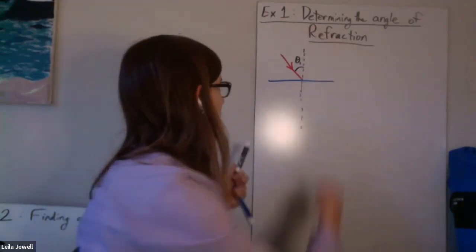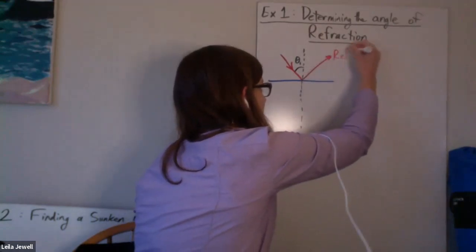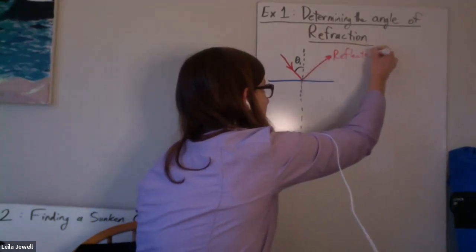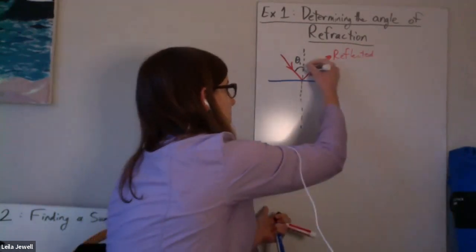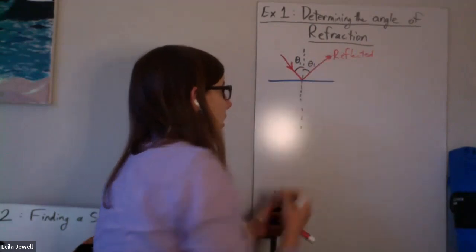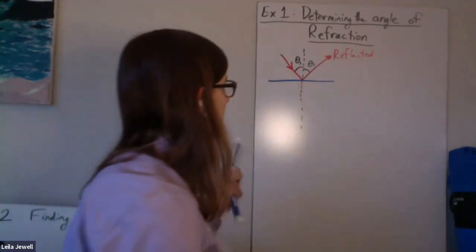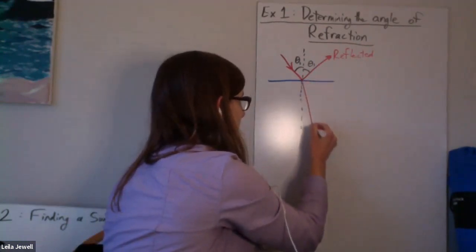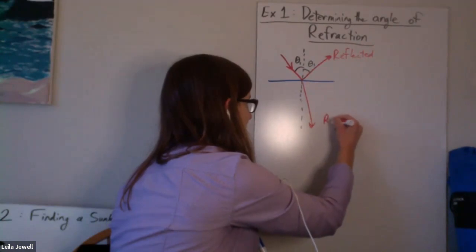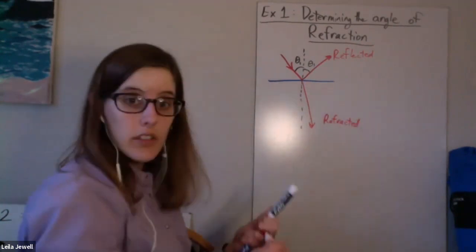I can also draw the reflected ray. So if you were asked about the angle of the reflected ray, you would know it has to be exactly the same as the incident angle, but then some of the light will also be refracted. There we go.